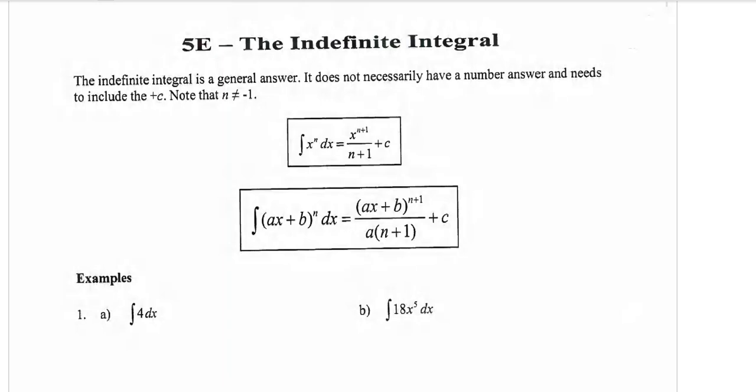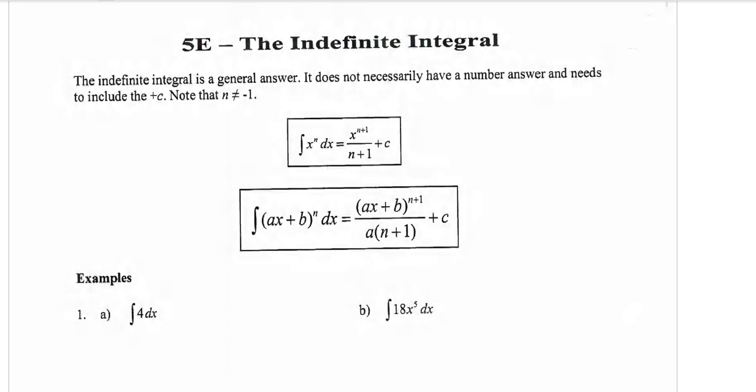We can't do the ones that have x squareds or x cubes in here, just a number in front of the x, okay? So when you integrate that, whatever the bracket is, you keep the bracket the same, but you add 1 to the power. You divide by that power down here, but you also have to times by the number that is in front of the x, and then add your c.